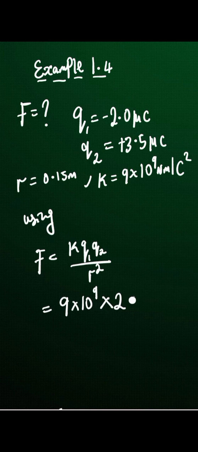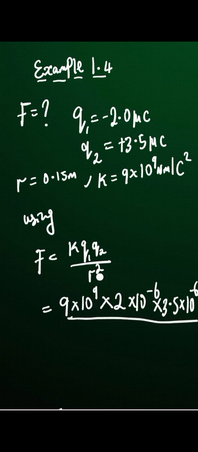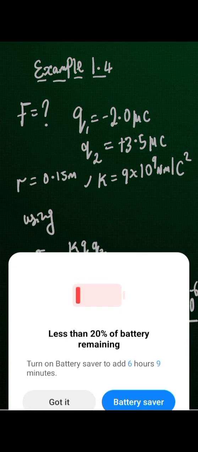That is 2 times 10 raised to power minus 6, because micro is 10 raised to power minus 6, times Q2 which is 3.5 times 10 raised to power minus 6, all over R square. Our R is 0.15 all squared, right?